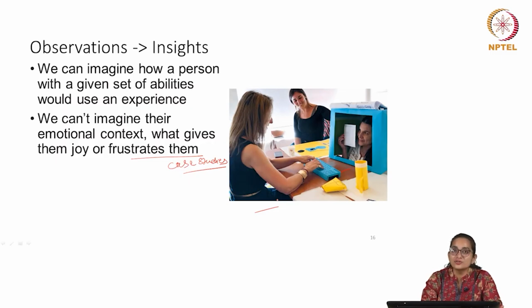So that joy of doing something independently is the emotional context, and it is something that probably even the designers, when they try to do it through role play exercises, will not be able to understand or imitate: the emotional joy or the frustration that they were facing for so long, and eventually, when they got the right solution, what that emotional joy would be.